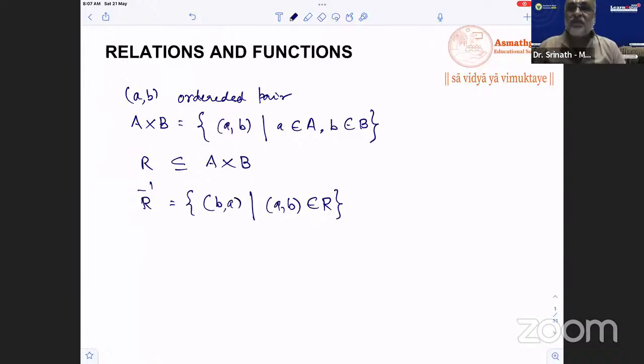Now, apart from that, some relations qualify to become functions. So what does function mean? The notation we use is f is a mapping from A to B. We call this the domain and we call this the codomain.